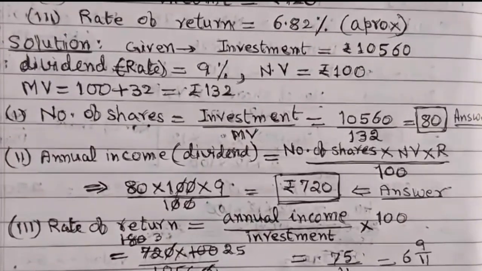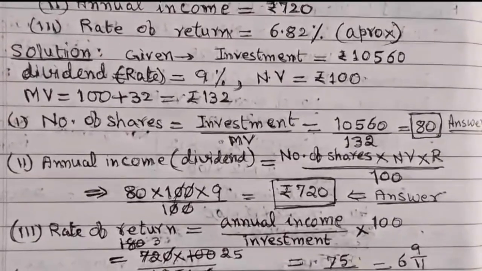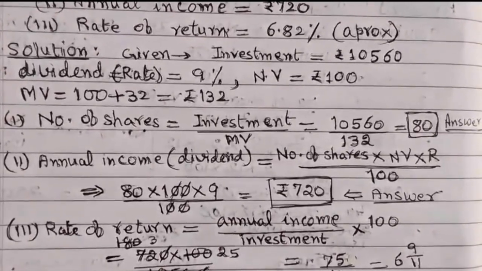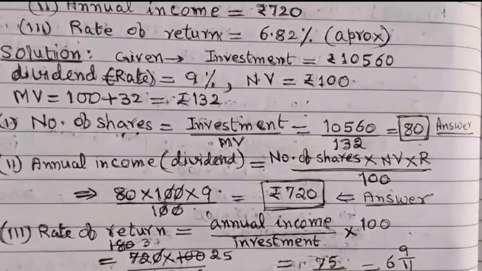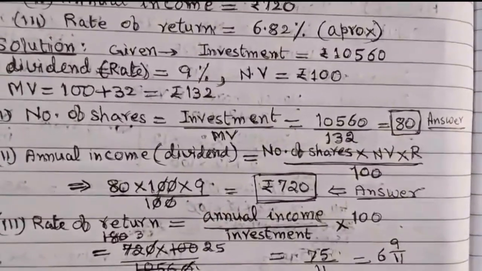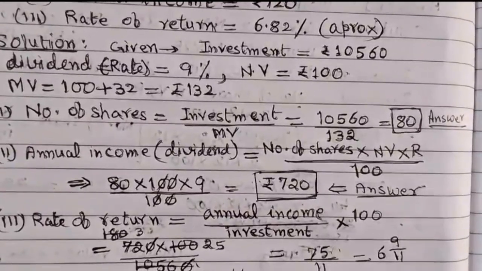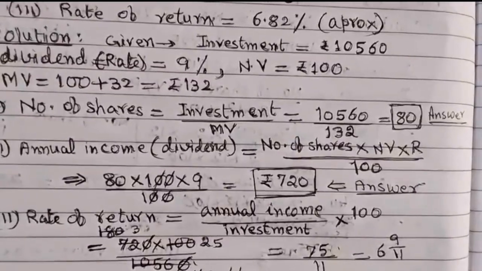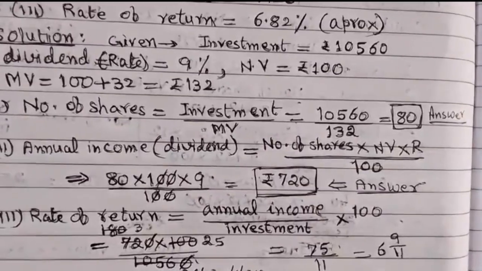We have to find out number 1, the number of shares, number 2, his annual income, and number 3, the rate of return. The first part, number of shares, is equal to investment divided by market value, which is equal to 10,560 divided by 132 equals 60.